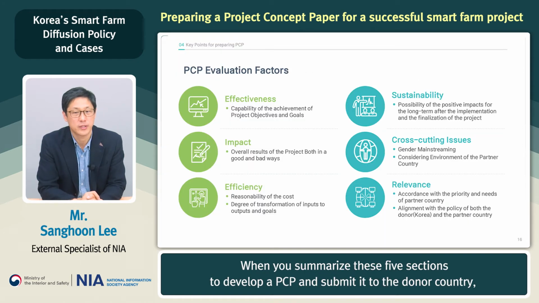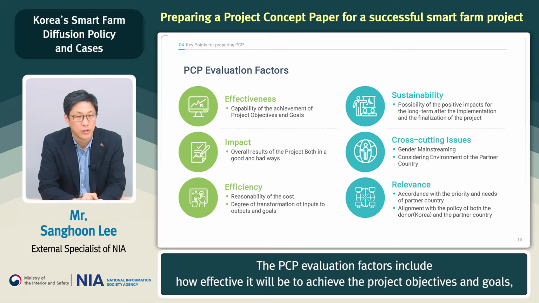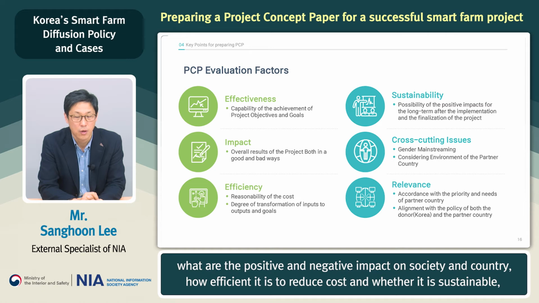When you summarize these 5 sections to develop a PCP and submit it to the donor country, it is evaluated and selected according to the following evaluation criteria. The PCP evaluation factors include how effective it will be to achieve the project objectives and goals. What are the positive and negative impacts on society and the country?